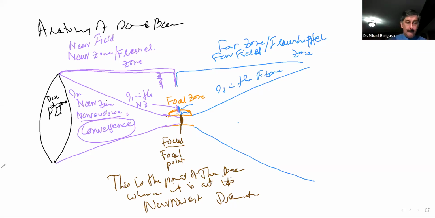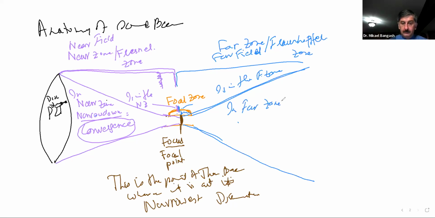Now, what happens after the focus? Where the beam has reached its narrowest point, the beam is then going to start to spread out. Clear? That is what we'll call the far zone.